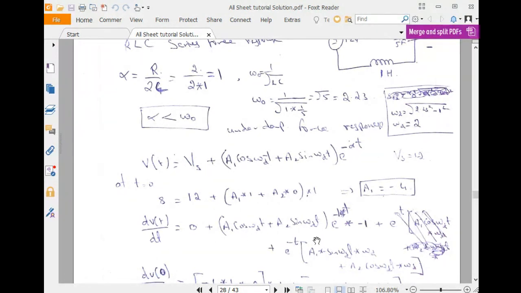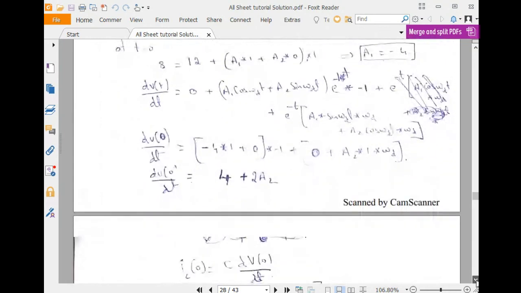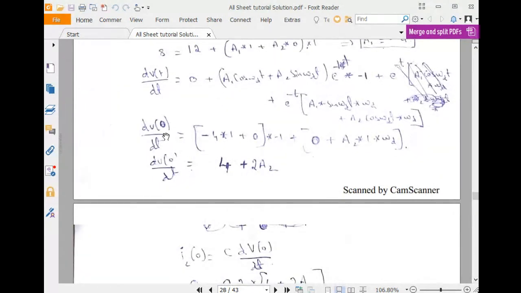Then differentiate this. Differentiate the standard equation and substitute t equal to 0, you will get dv of 0 by dt equals 4 plus 2a2. You will get this equation.